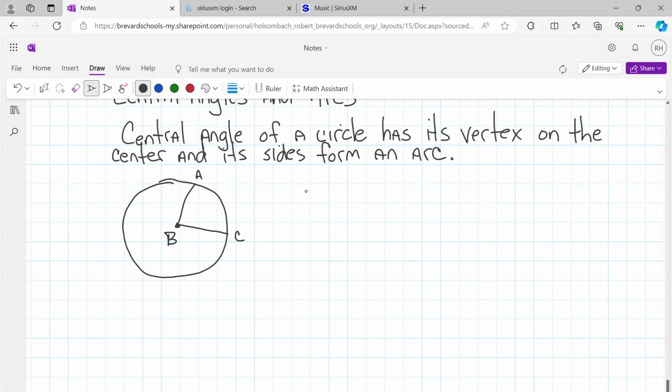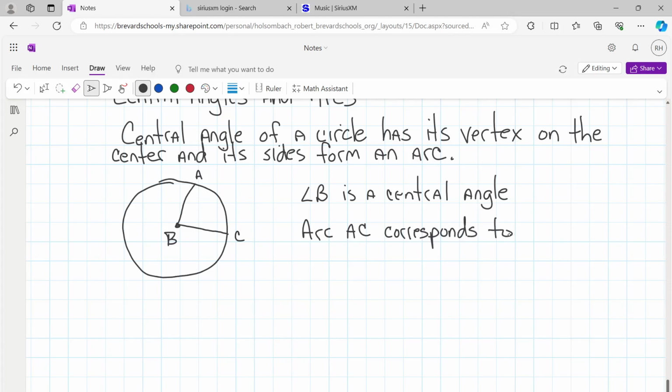So, angle B is a central angle. Arc AC corresponds to angle B.